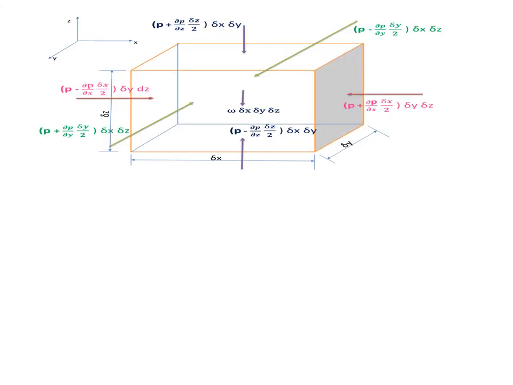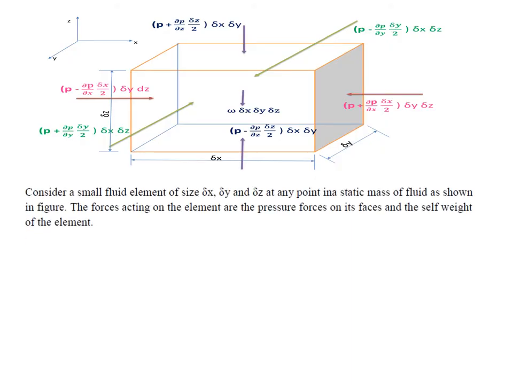Similarly, sigma Fy equals 0 and sigma Fz equals 0. I have explained here that you have to consider a fluid element of size ΔX, ΔY, ΔZ, and the forces acting are the pressure forces on each of the faces, and also the self weight of the fluid element is shown in the figure.